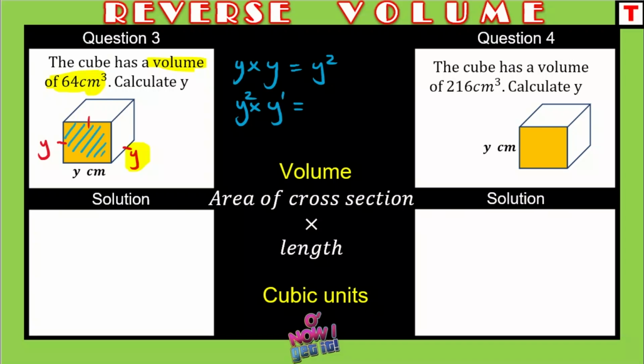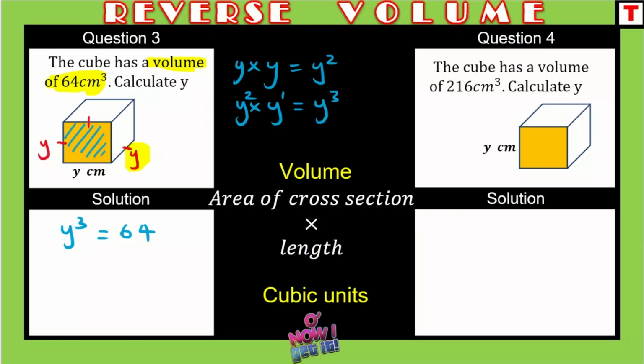So this is going to be y squared multiplied by y. So if we look at indices, if we multiply the same base, then we add the powers. So this is going to become y cube. So this expression is representing the volume of the cube. So we've been told what the volume of the cube actually is. So we now would have y cube is equal to the actual value, which is 64 centimeter cube. And we need to work inversely from cubing.